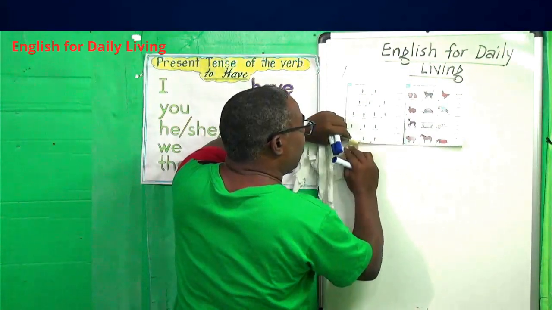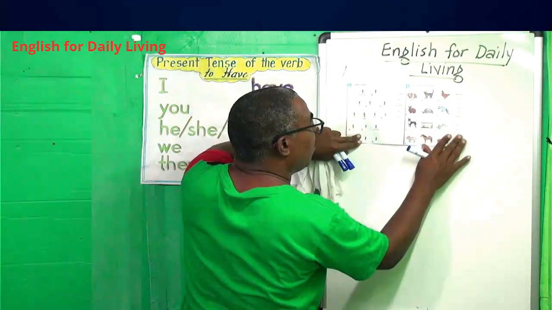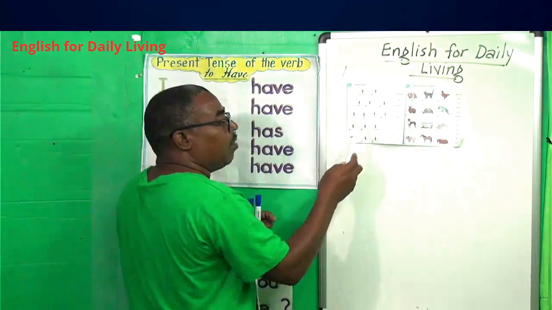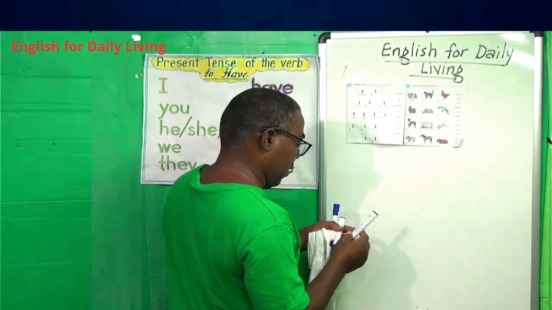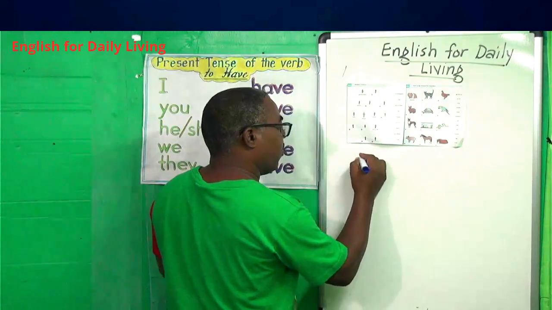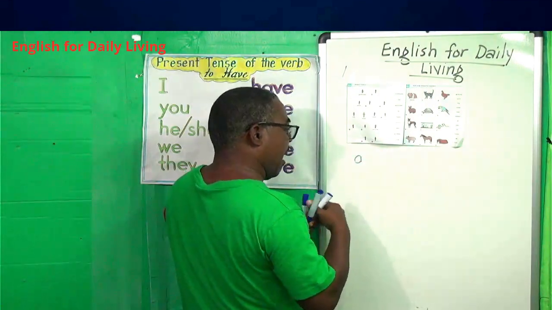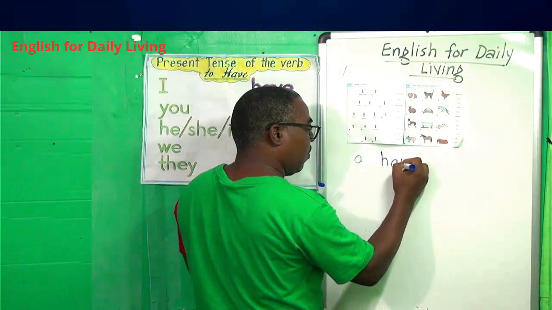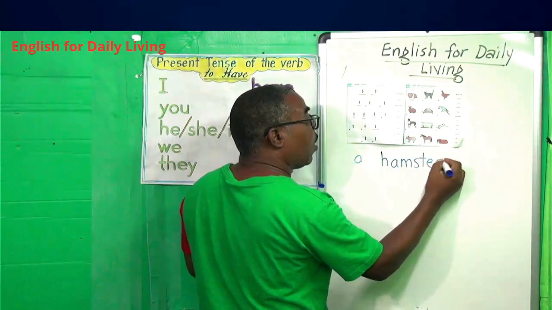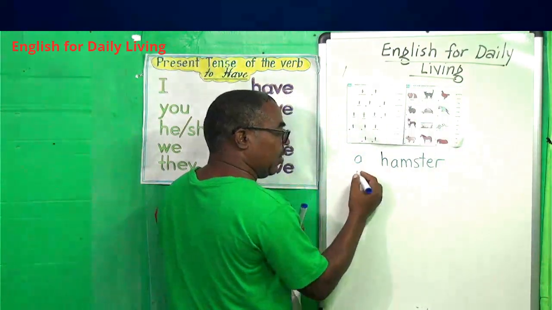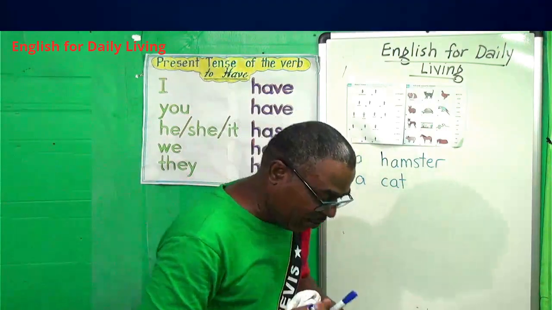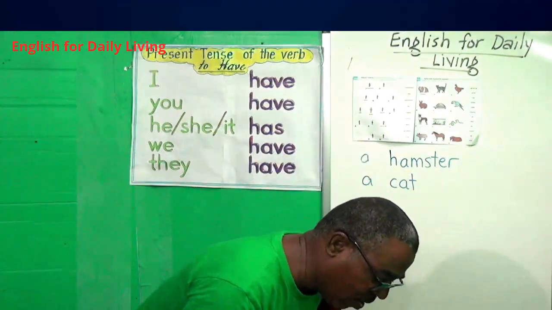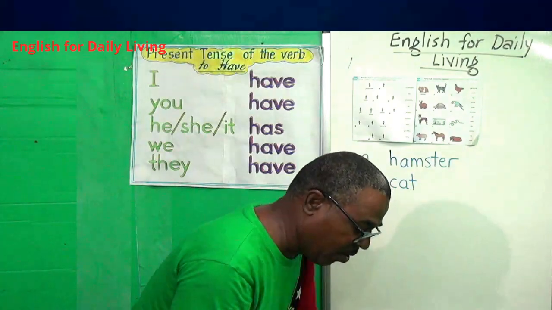I have a hamster. I also have a cat. I think I drew a cat somewhere. Okay, very good. I have a cat.